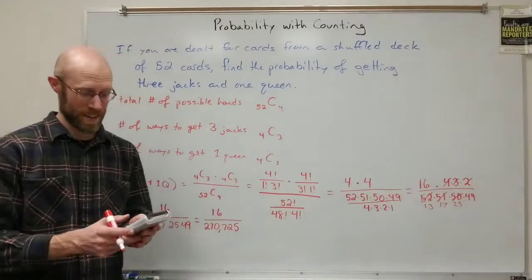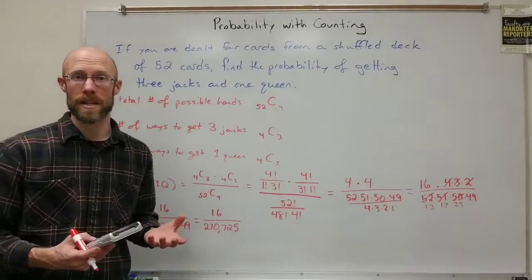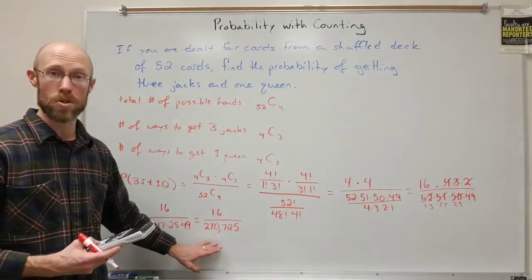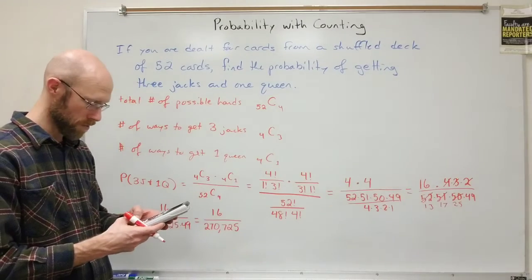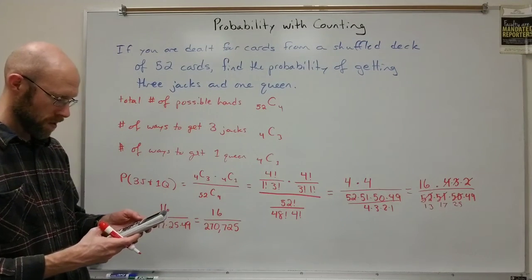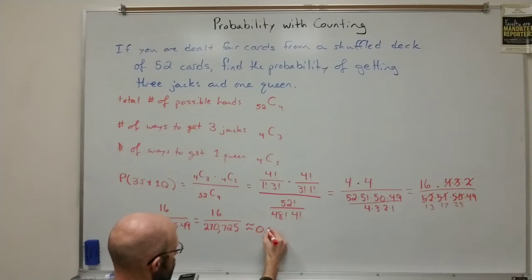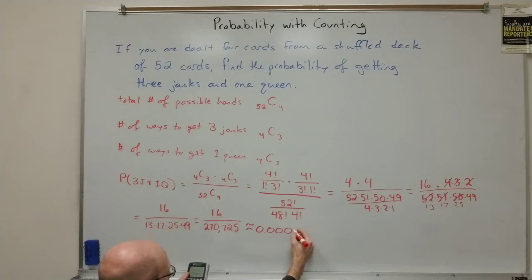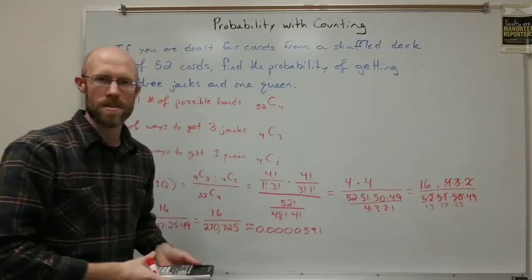Okay, that's a big number. And then to get the actual probability, if I wanted that in decimal form, this is a reduced fraction, so this would be sufficient. If I wanted that as a decimal, that is approximately 0.0000591, and then some other decimals after that.